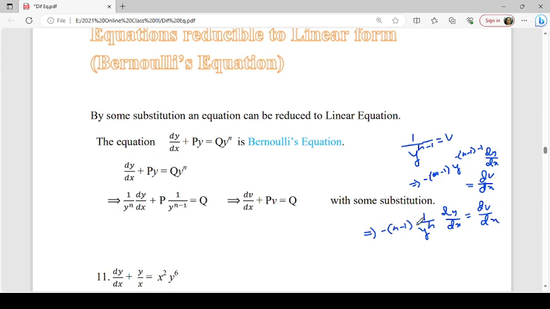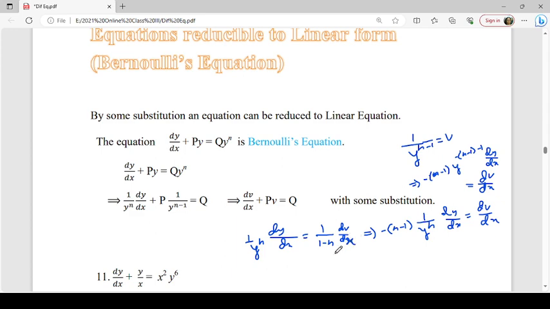We need to remove this from the left hand side, so we divide by 1 minus n. So we can write 1 by y to the power n dy dx is equal to 1 by 1 minus n dv dx.